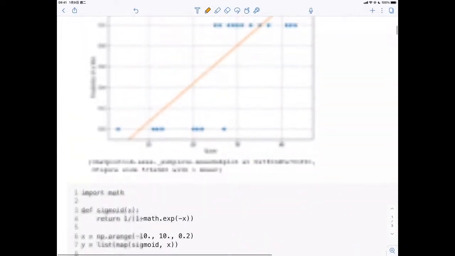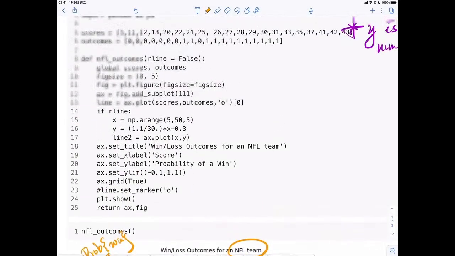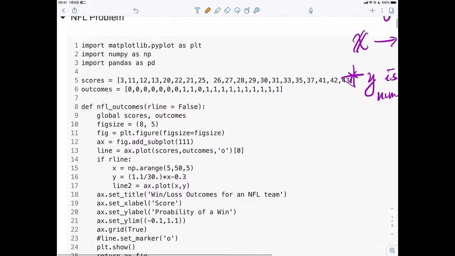Where is it? Right here. Line number 5 and number 6. So there's a game where one of the teams gets 3 points. However, this team loses this game, so that's 0. In the other game, the team scores 11 points and still loses. 12 points, lose, 13 points, lose, and so on and so forth until this one.